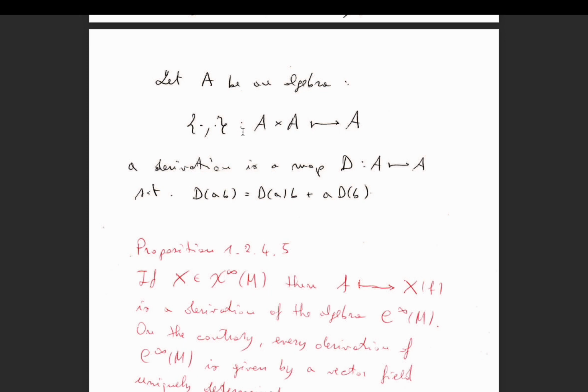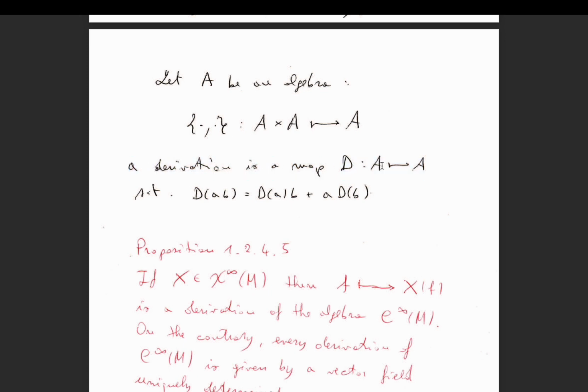For example, A is an algebra, so there is a map, let's say the product, which goes from A times A into A. There are different algebras depending on the additional properties of this product, but what we just need is the definition of derivation.